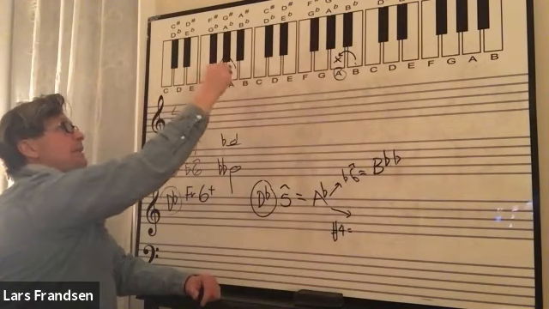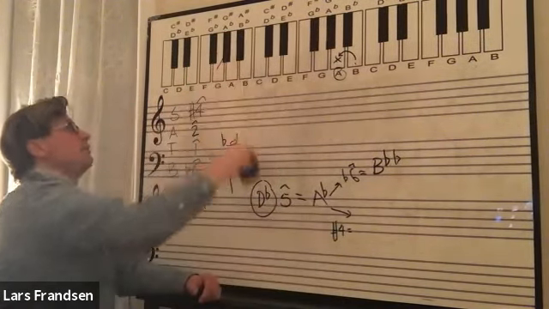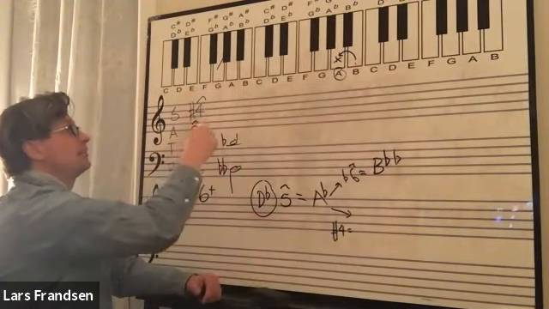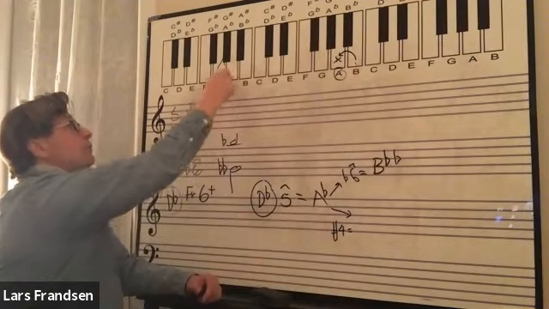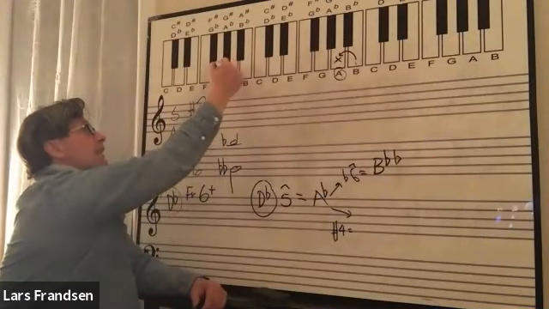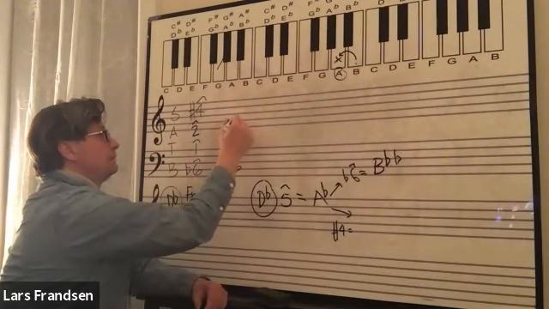A half step up would be that, right? We understand that from a white key to a black key, or vice versa, is a half step. So if we're starting on A flat, then a half step down would be G. And that's the note we're going to put up here, right?